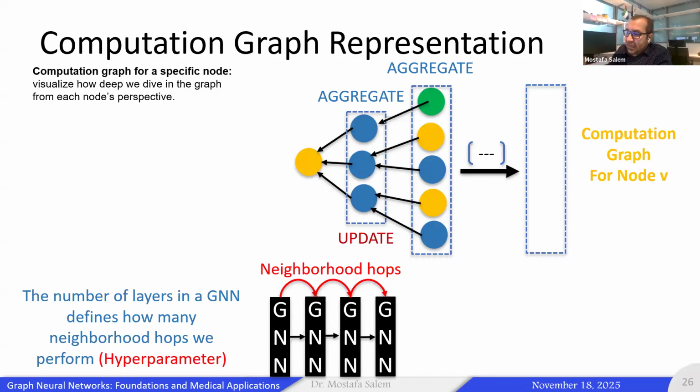So the number of layers in a GNN defines how many neighbor hops we perform. And as Dr. Mara just mentioned, this is a hyperparameter. I have to be careful when choosing the number of message passing layers, because the number of hops relates to the number of message passing layers.